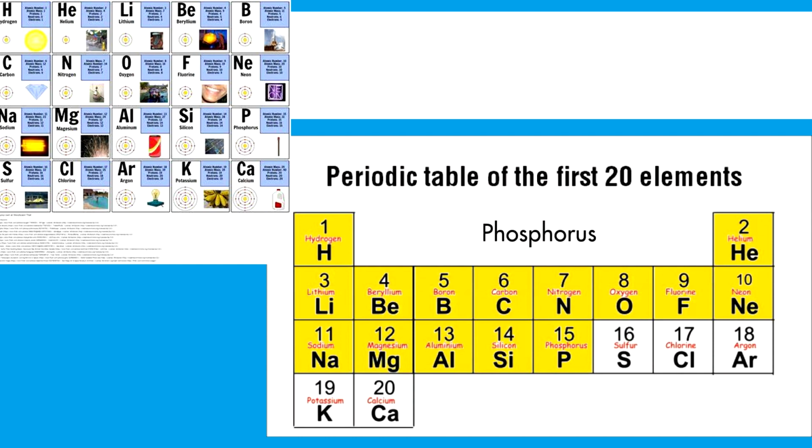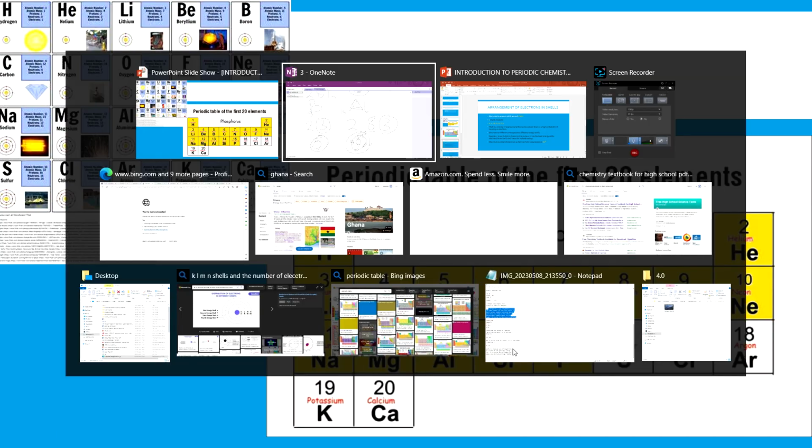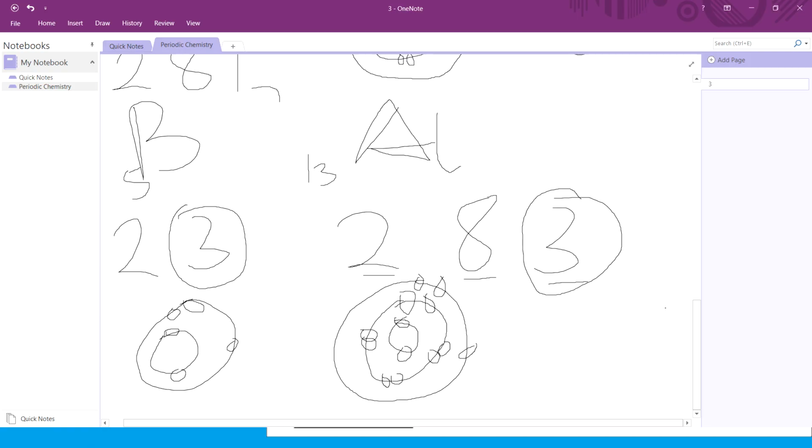So how do we do that? Sodium has atomic number 11, silicon has atomic number 14. Let's draw them. You realize they have the same number of shells.